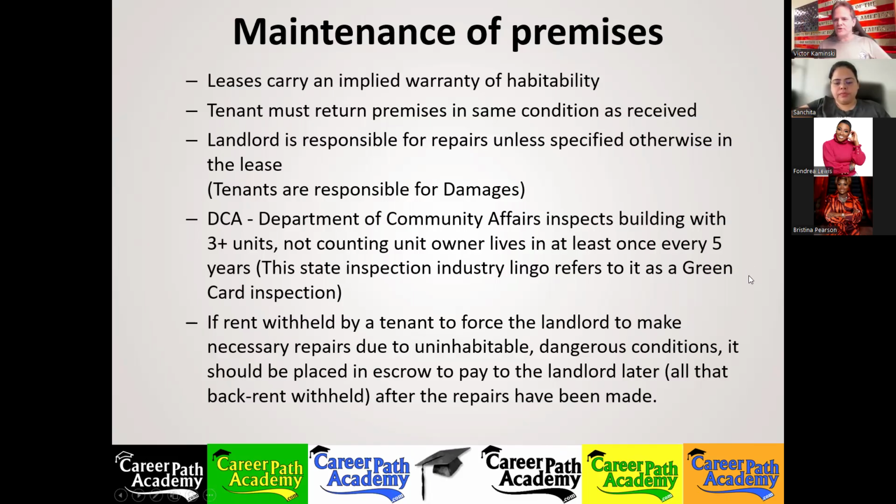Anyway, that's where it got the term green card from. But that's a state inspection that's required once every 5 years for buildings with three or more rental units, not counting the unit the landlord lives in.